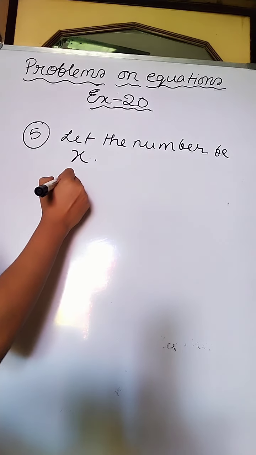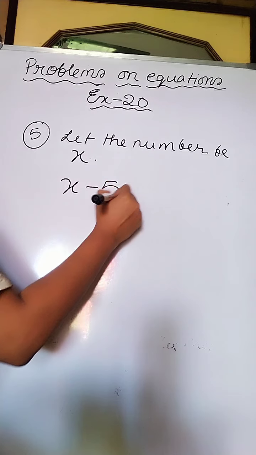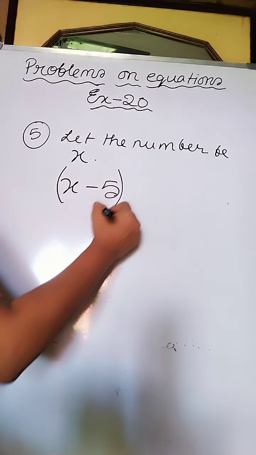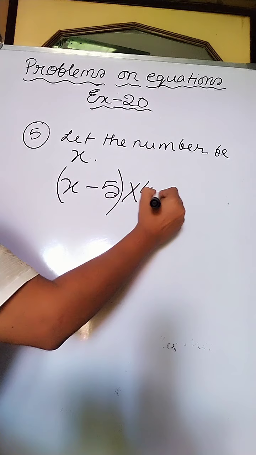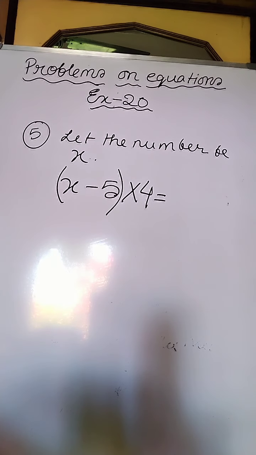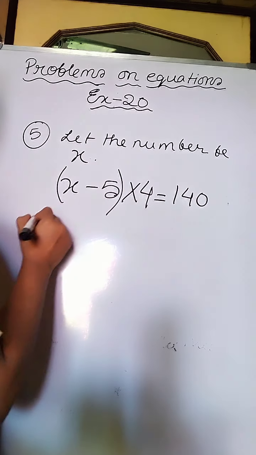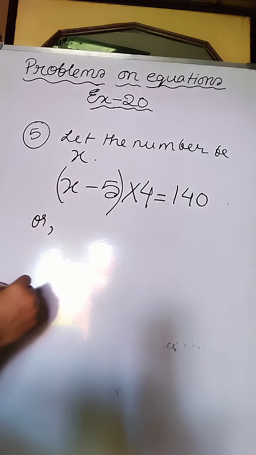If 5 is subtracted from a number, so x minus 5, and the result of subtraction is multiplied by 4, then the product is 140. You have to solve the equation.